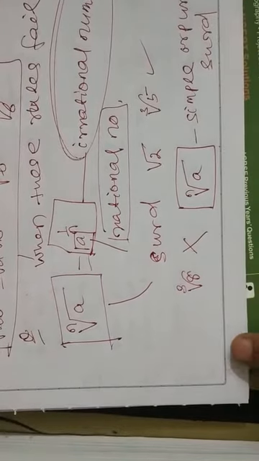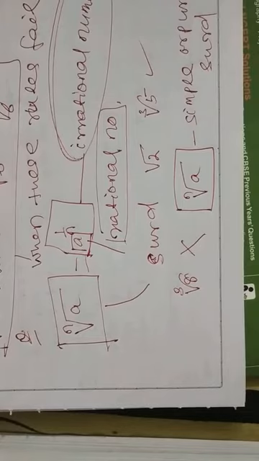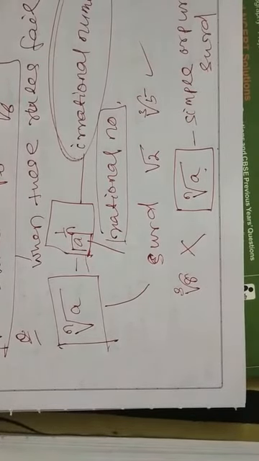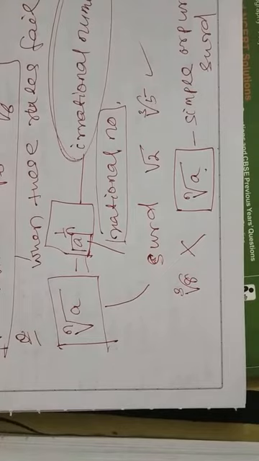If you include some impurities, then impurities means if I add some rational number to this irrational number, I get a mixed surd.